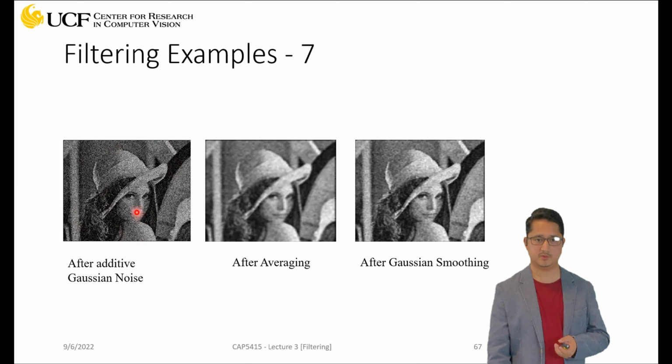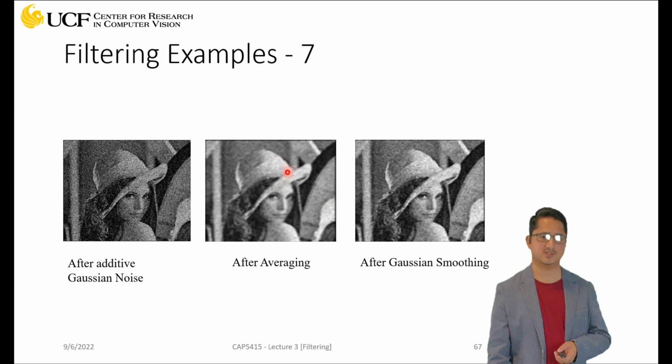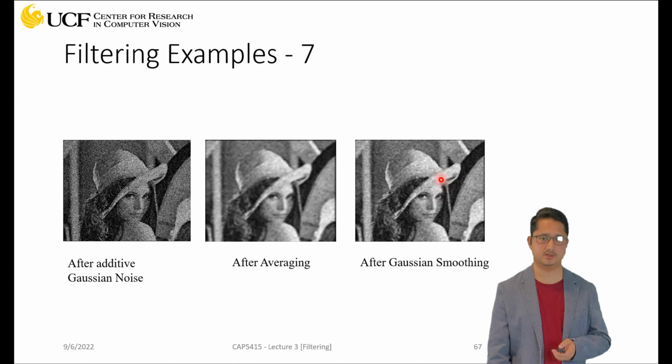So we have this noisy image. If we perform average filtering, we'll get something like this. And if you perform Gaussian smoothing, we get something like this. It's hard to say which one is better. But in this one, we are losing the texture, we are smoothing the image a lot. In this case, we are getting rid of noise, but it's not that great. Still, we are not losing the fine-grained information present in the image.